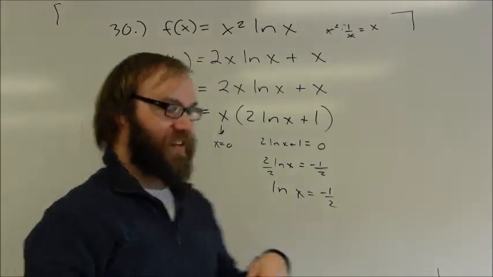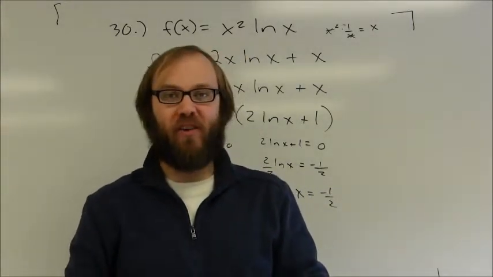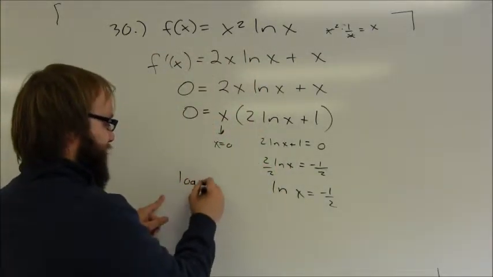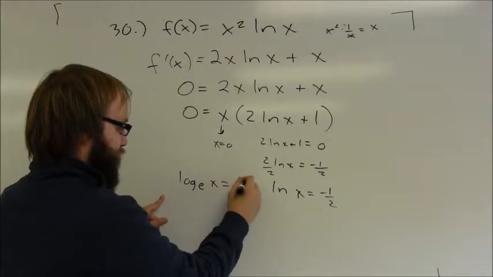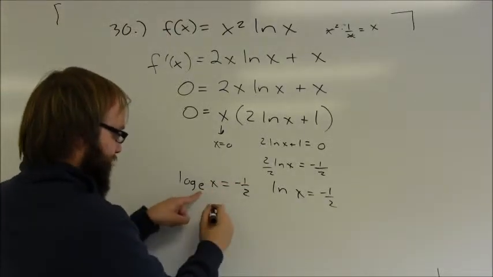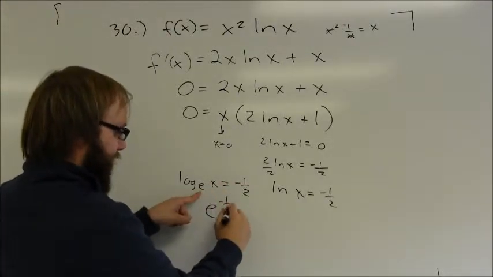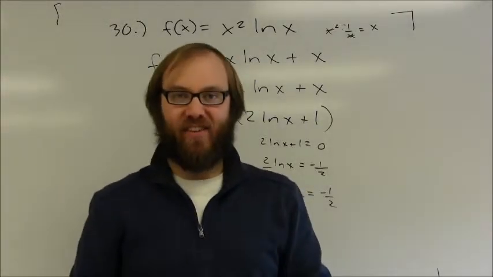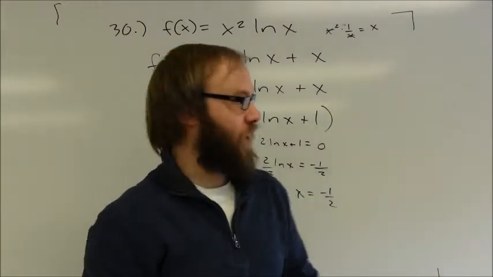My general rule is anytime you have something in a log form and you don't know what to do with it, switch it to the other form. So this is log base e of x equals negative 1/2. We have a base, logs are exponents, and I have a result, and it basically tells me that x is e to the negative 1/2 power.